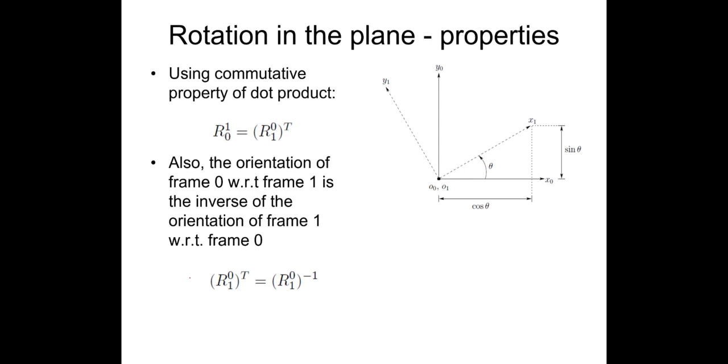Another thing, which we talked about in the property of transformation, is that the orientation of frame 0 with respect to frame 1 is the inverse of the rotation of frame 1 with respect to frame 0. Remember in the transformation, if we calculate the transpose of one rotation matrix, it equals the inverse of the same rotation matrix.